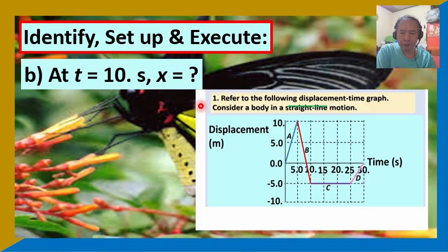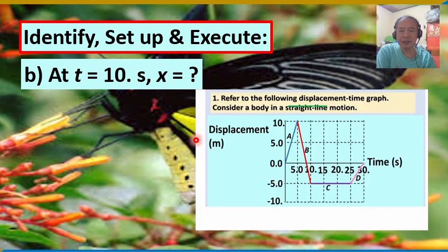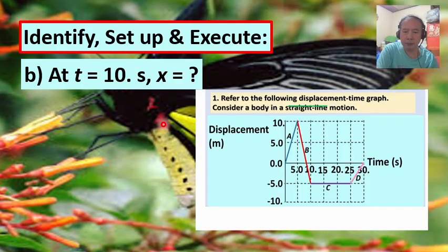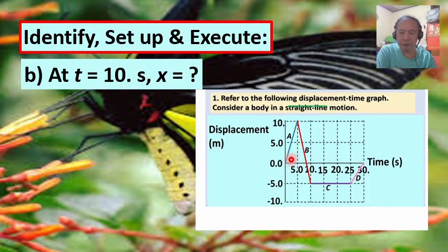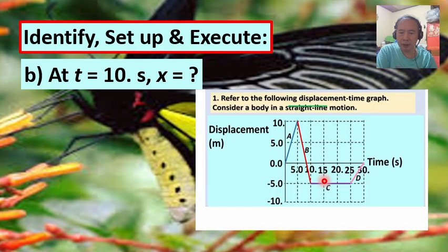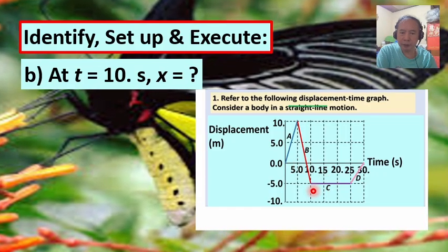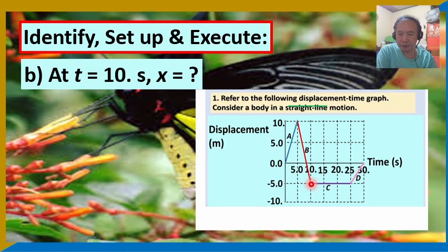So following our graphical technique we used in our first example, put your cursor right at exactly the point where time equals 10 seconds is located, right?